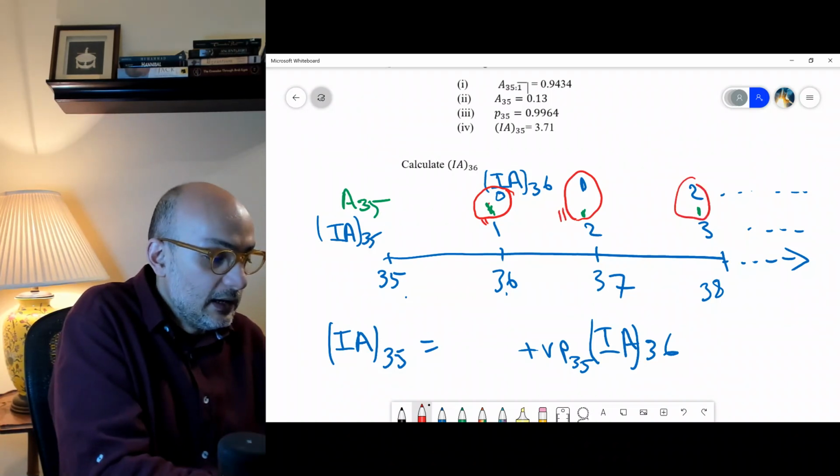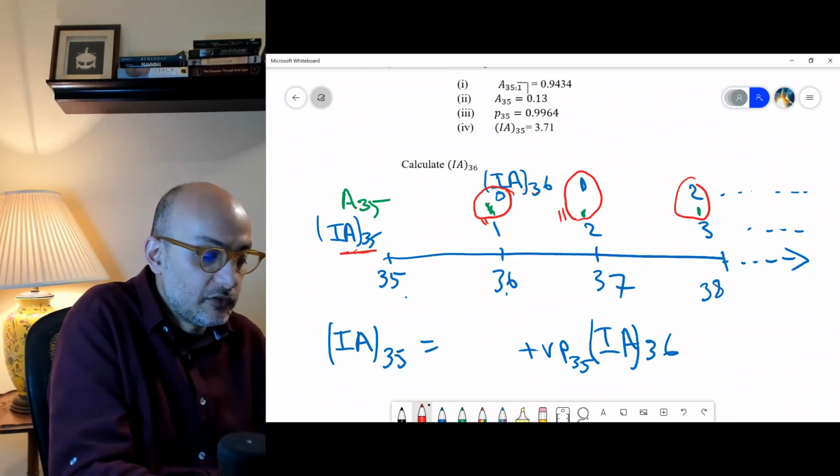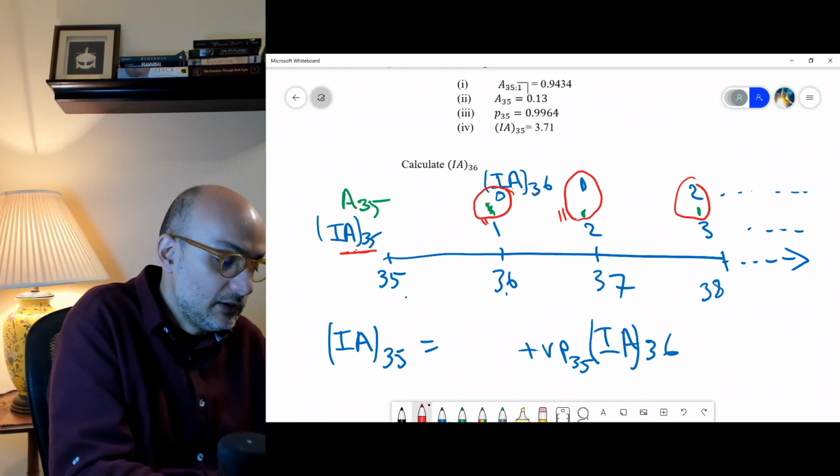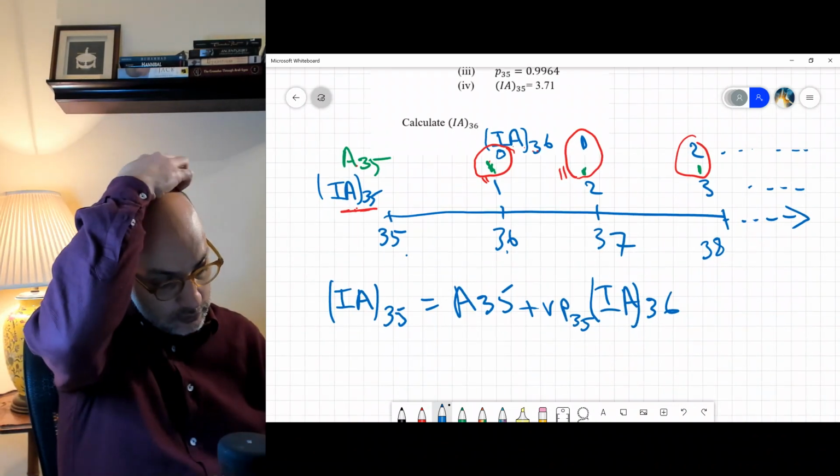But A35 and IA35 are at this time. IA36 is a 1 year shift, so you need to shift it back by discounting. So we need to add here A35.